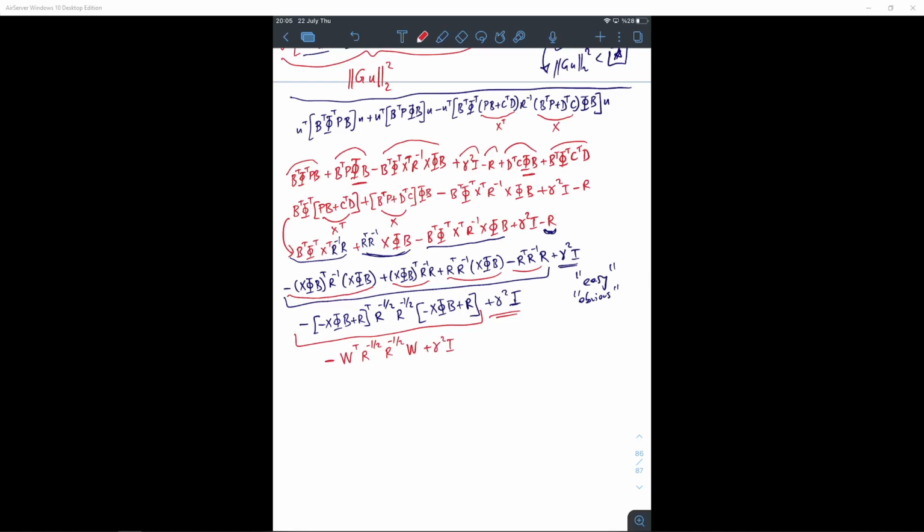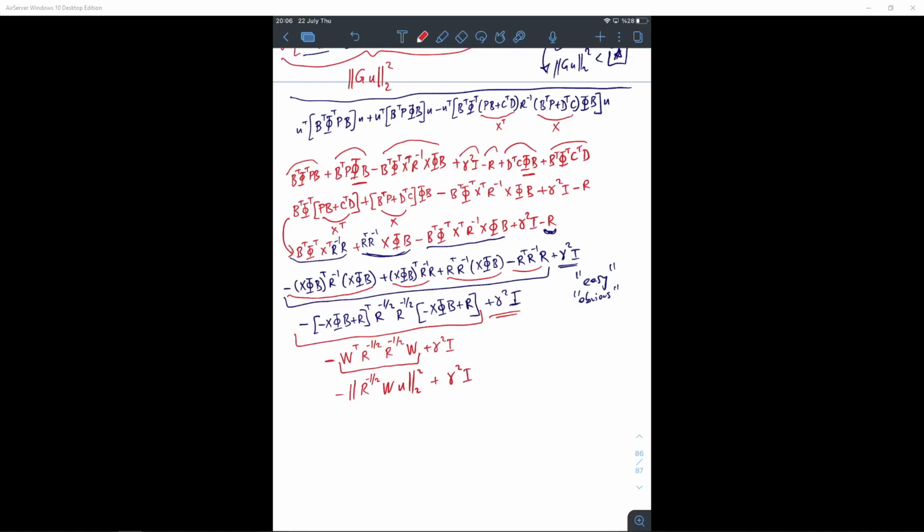Okay, and here notice this term is like a transpose times a, and this is like this term, right? So minus R minus half omega w u 2 plus gamma square identity.